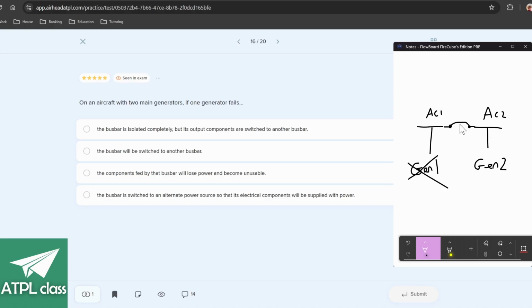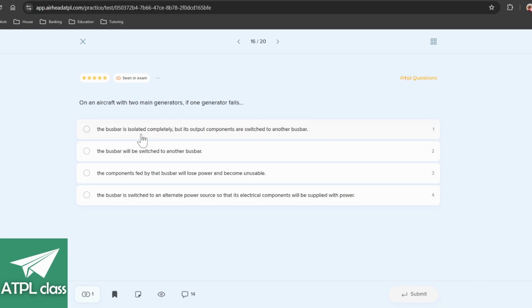So you get a connection made between the two bus bars in the case that one of the generators fails. So the bus bar is isolated completely, no, but its output components are switched to another bus bar.